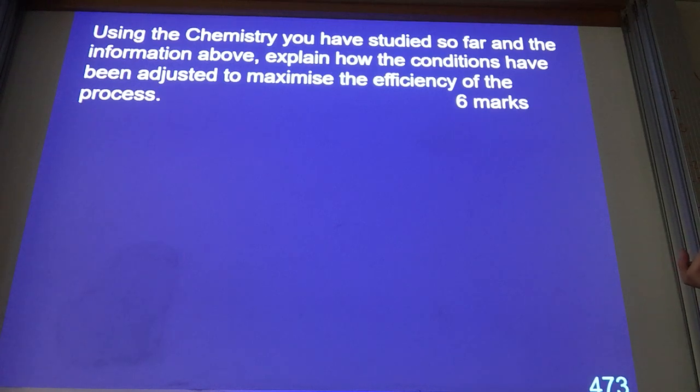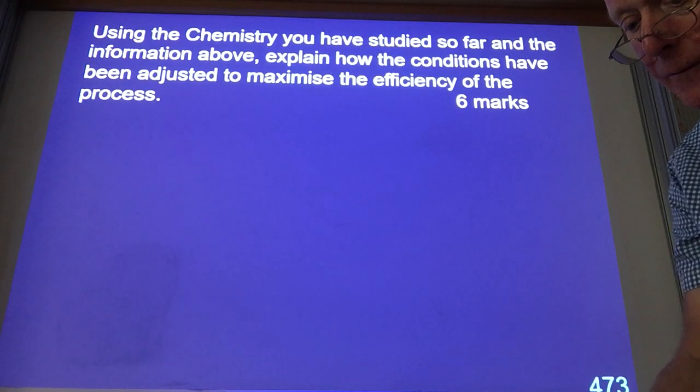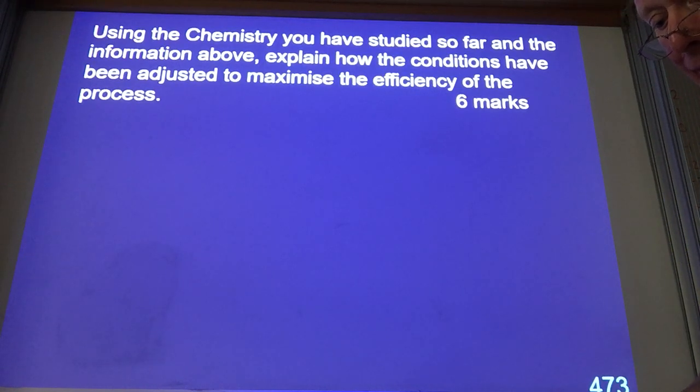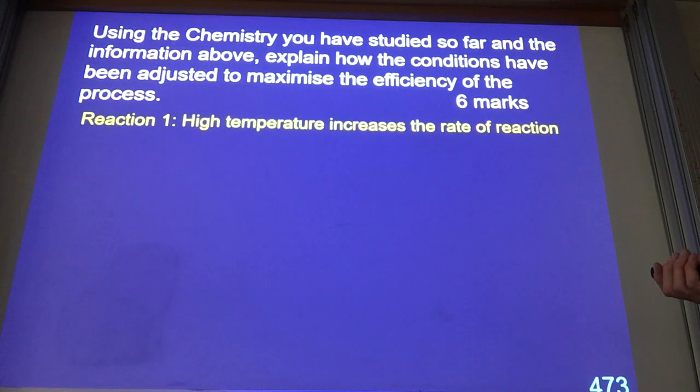How have the conditions been adjusted to maximise the efficiency of the process? 6 marks. So reaction 1. High temperature increases the rate of reaction. It's not an equilibrium, so that's all you can say. You can't talk about yield for reaction 1.